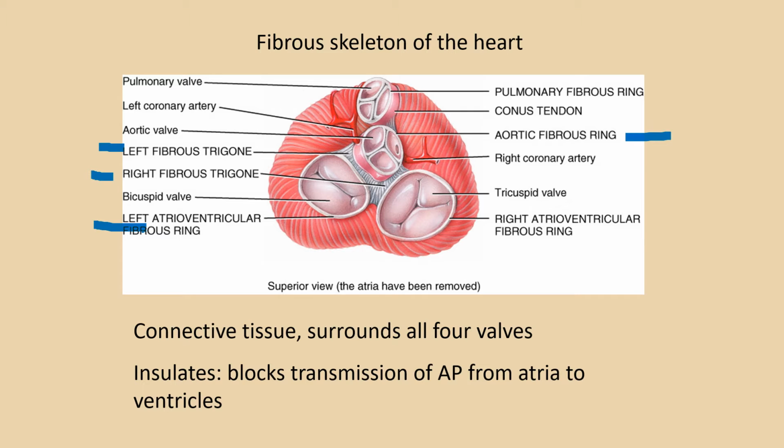And all of these make up what's known as the fibrous skeleton of the heart. And they act as electrical insulators, preventing depolarization in the atria from causing depolarization in the ventricles. Instead, it's depolarization of specifically and only the AV node that leads to depolarization in the ventricles.